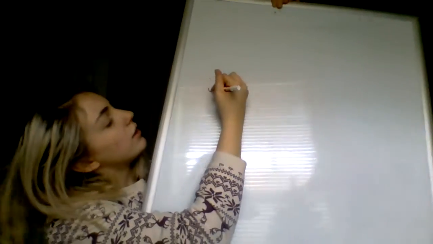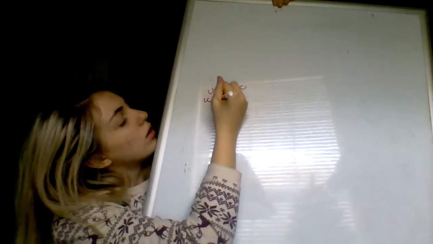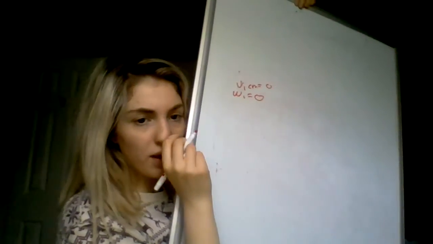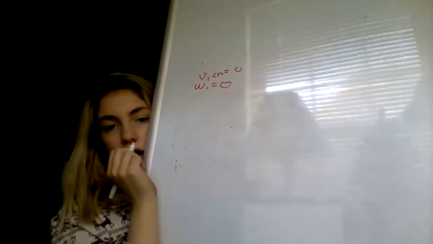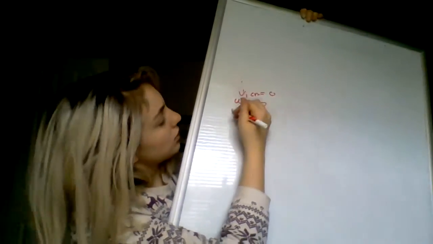Okay, so for part A, the ball starts at rest, so the initial velocity equals 0, and this equals 0. And for the solid ball, if I am finding the coefficient of static friction, I use this.